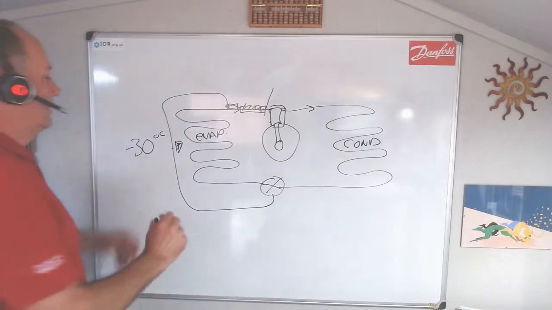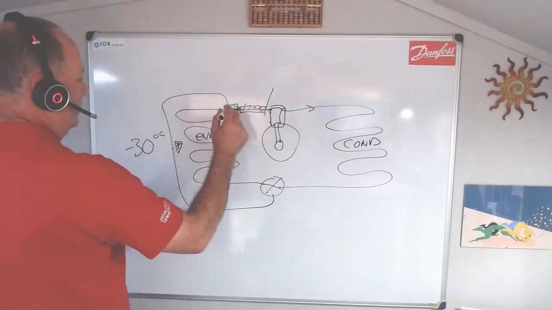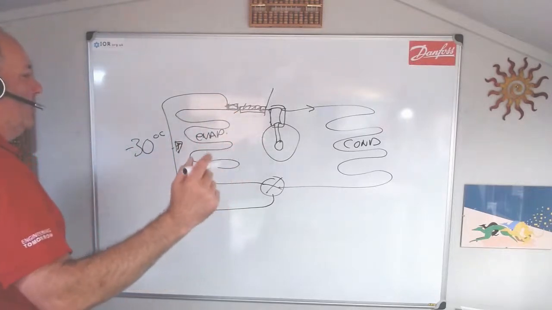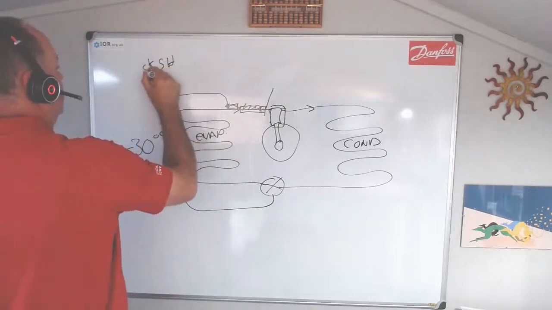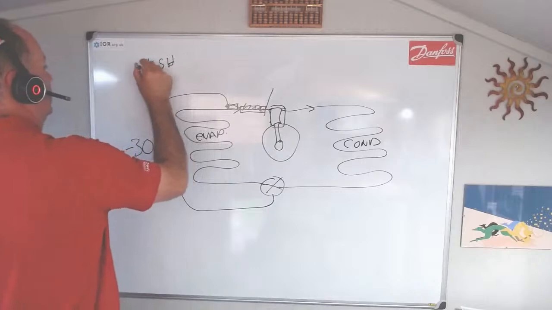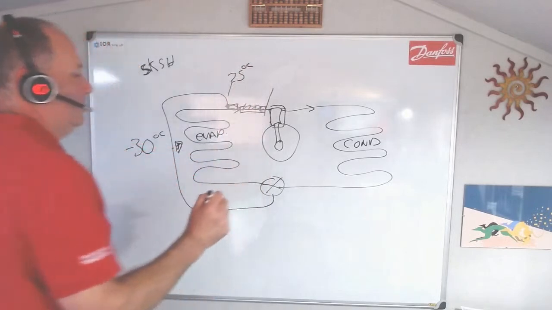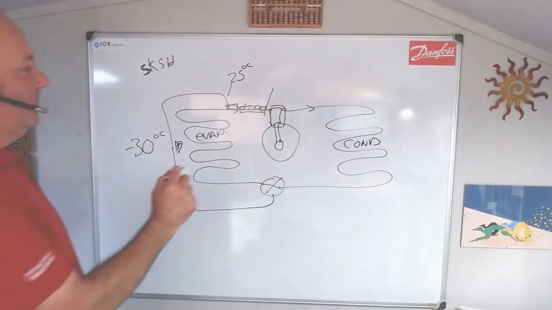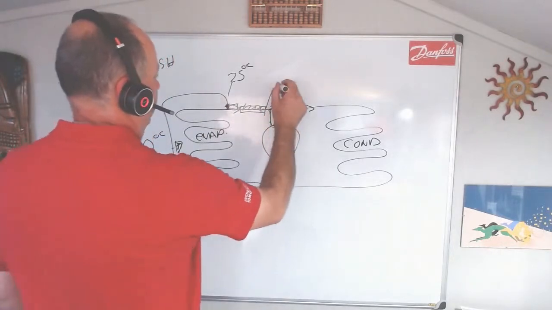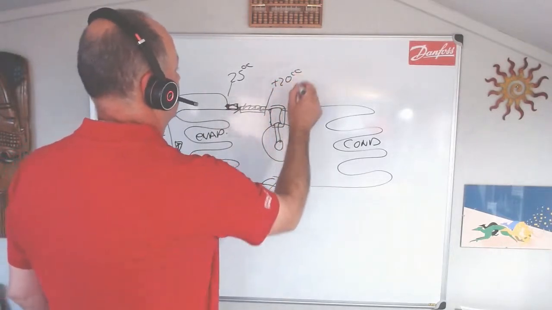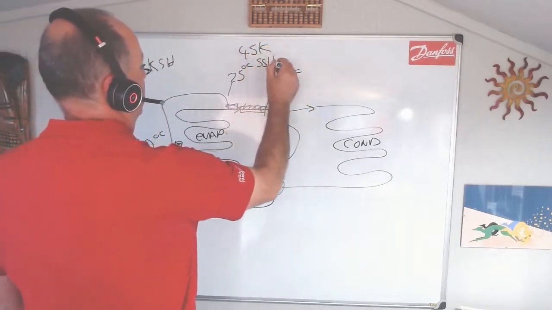Now, if we keep our superheat, let's say we've got 5K superheat, which is not a lot, but just to keep the maths nice and simple. So here we'll have -25. Now, what you don't want is to have, let's say, +20 here, because then you've got 45K of suction superheat.